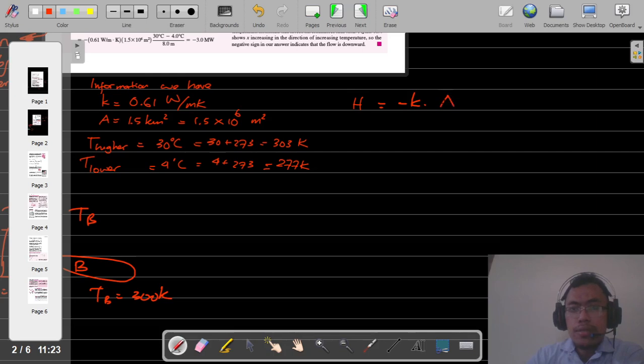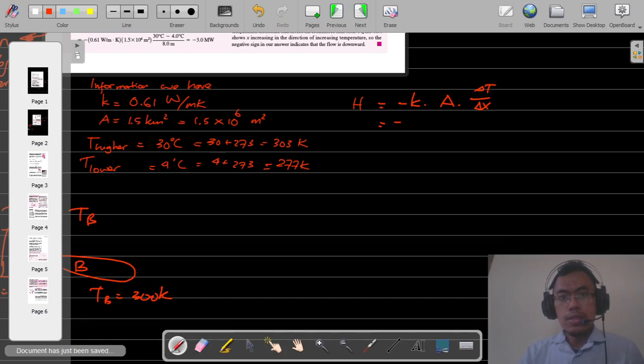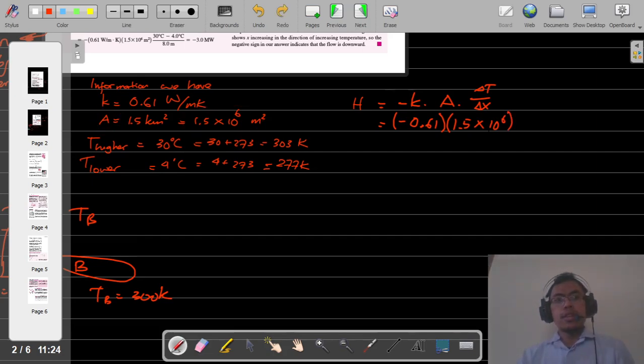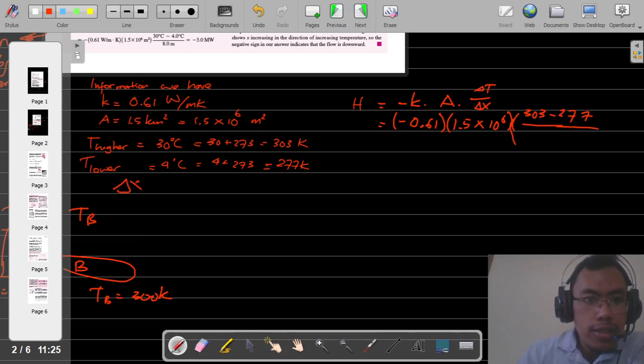Okay, now let's find the rate of the conduction. It is minus K times A times delta T divided by delta X. So minus 0.61 times 1.5 times 10 to the power of 6, so this is the A, and then delta T is 303 minus 277, divided by our delta X, which is 8 meter.